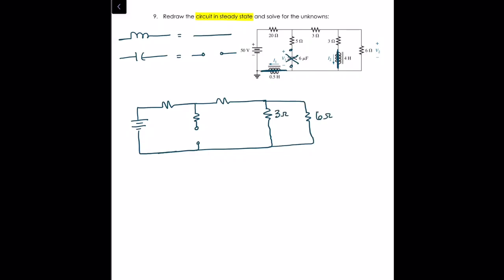So I've got 6 ohms here, 3 ohms here. This would be my inductor, but it's in steady state, so it looks like a short circuit. And then here would be my capacitor. I opened that up, and here would be my L1. So I shorted that out as well.